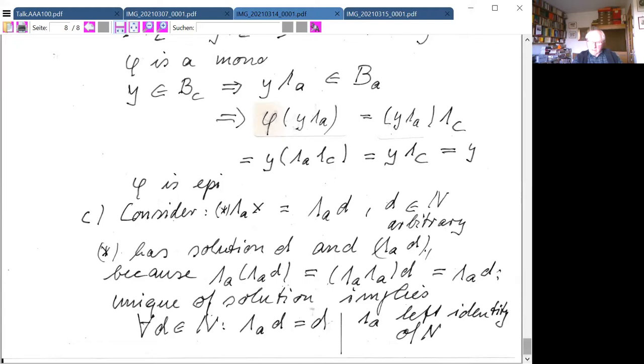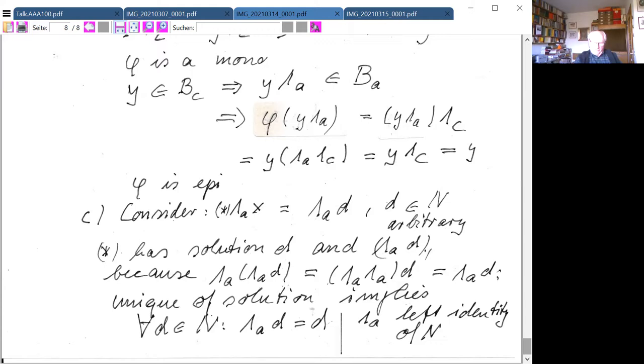Furthermore, this is now a new thing. We show that 1_A is a left identity of N. We consider the equation (*) 1_A·x = 1_A·d for an arbitrary d in N. Then this equation (*) has a unique solution, and d is a solution, and 1_A·d is a solution.